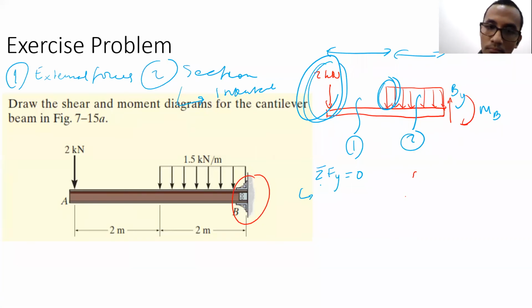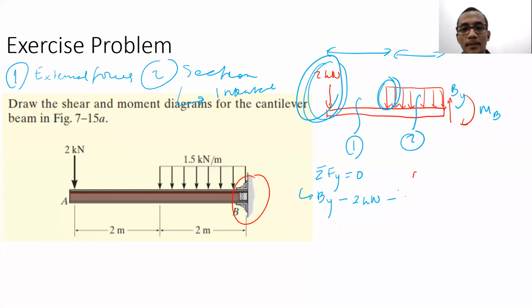By, positive going up, minus 2 kilonewton. And then the distributed force as well. Don't forget about that. The distributed force is going down, so it's supposed to be minus 1.5 kilonewton per meter.